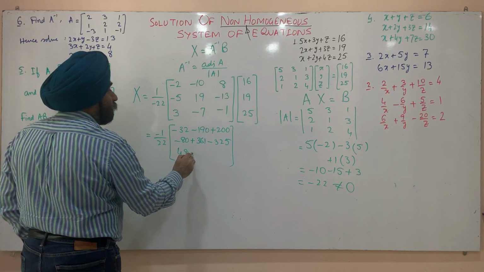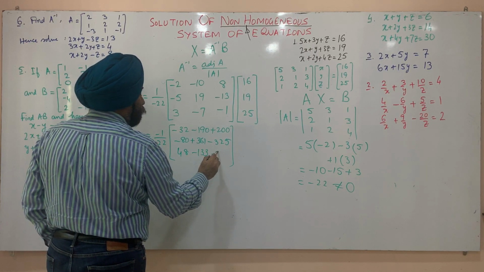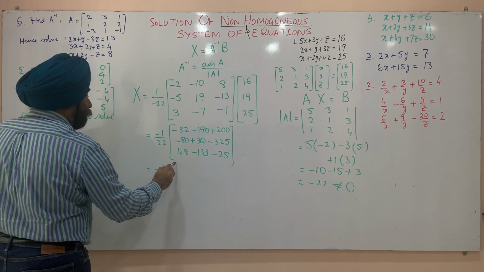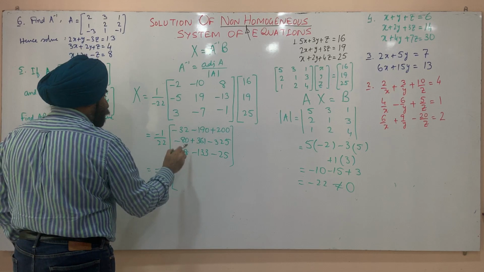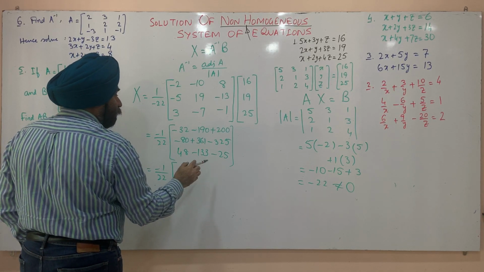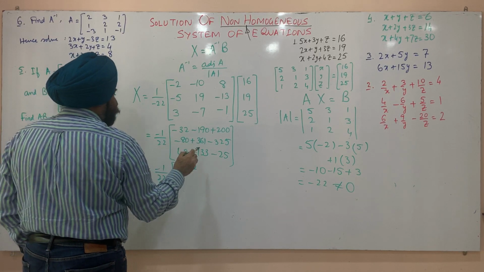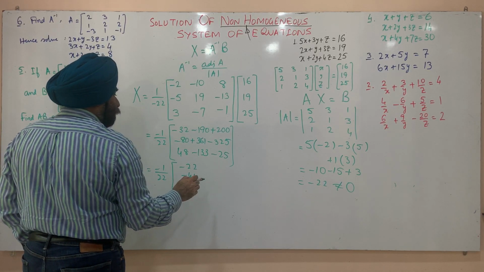Then 48 minus this is 133 minus 25. This is minus 1 by 22. This is 10 and minus 22. This is 36 minus 80 plus 36 is minus 44.